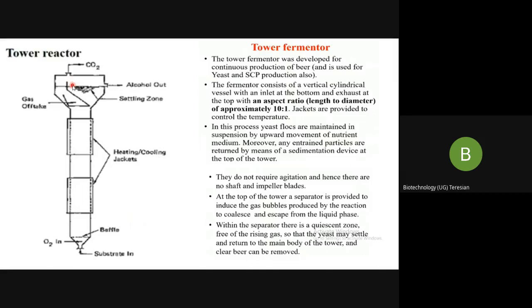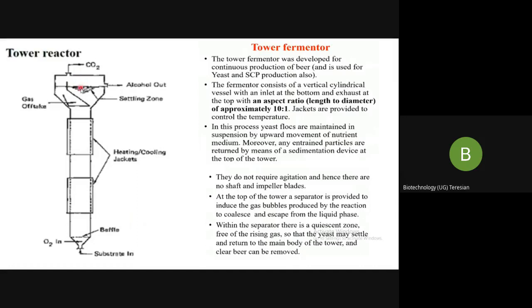This fermenter was developed actually to overcome the drawbacks faced by the batch fermentation. We shall study about the batch and other fermentation later on, but just remember that this tower reactor was developed to overcome the drawbacks faced by the batch fermentation. It is mainly used in the brewing industry for production of beer.